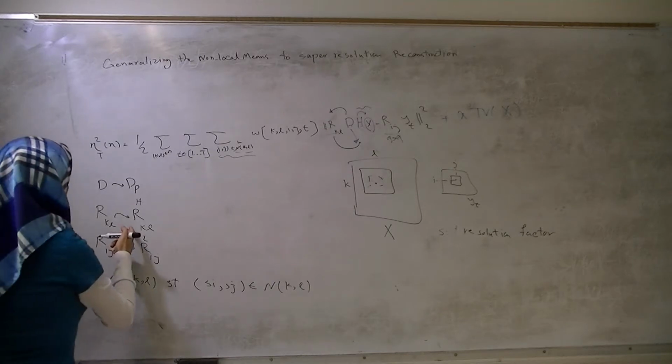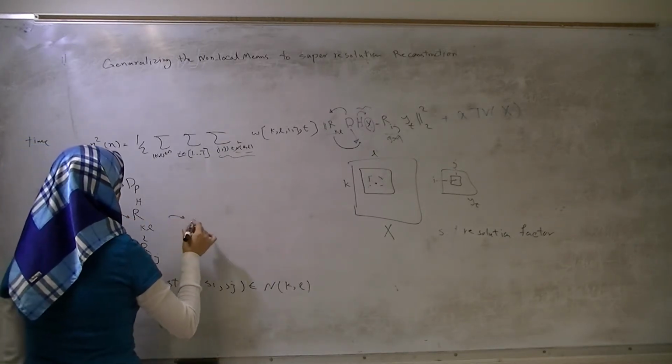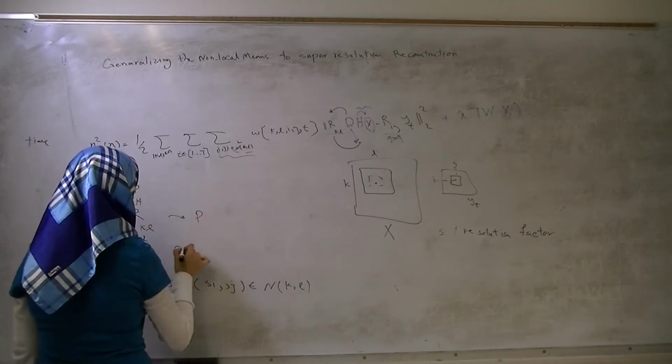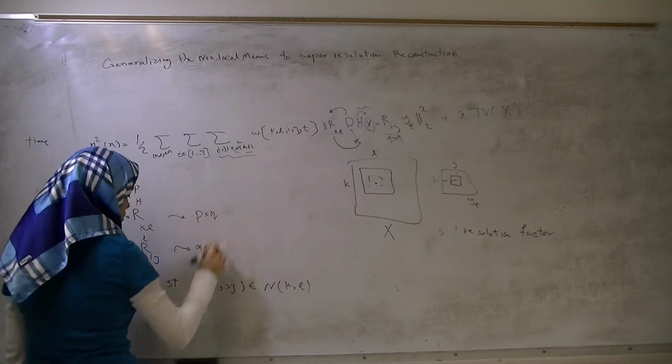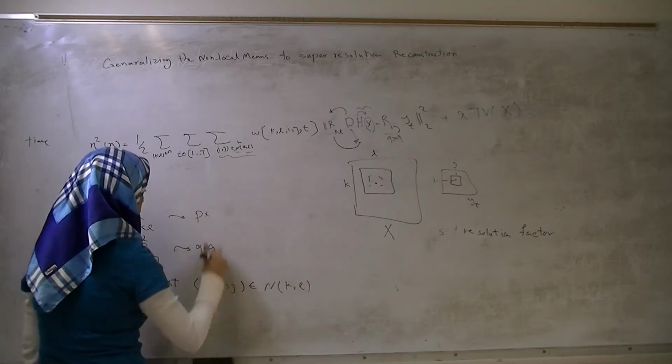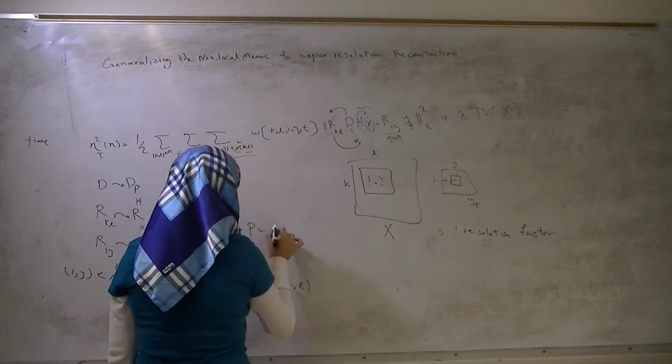Another thing is that if this one extracts P by P and this one extracts Q by Q, the P is equal to this.